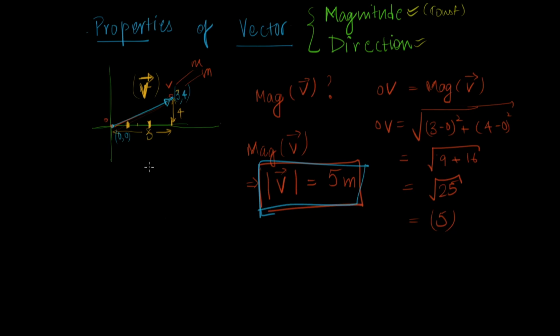And the direction would be the direction in which the arrow is pointed. So one way to really work out your direction is just by knowing the angle in which this arrow is pointing. The other way is, as I've already discussed, is letting us know what a v hat vector looks like.